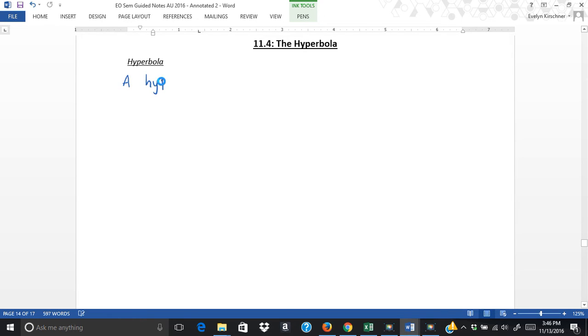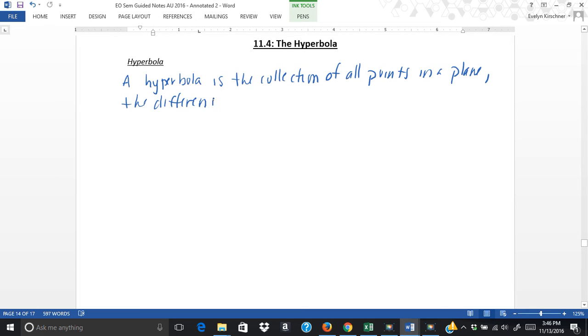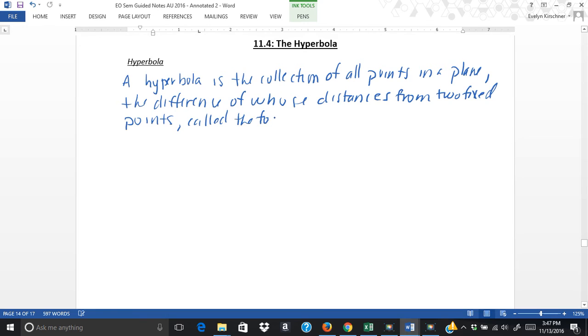A hyperbola is a collection of all points in a plane the difference of the distance between 2 fixed points, the foci, is a constant.